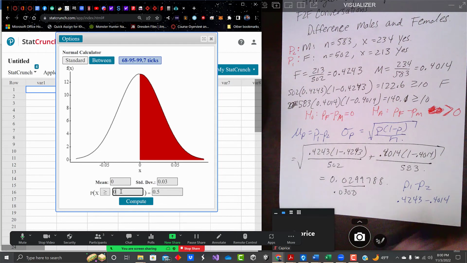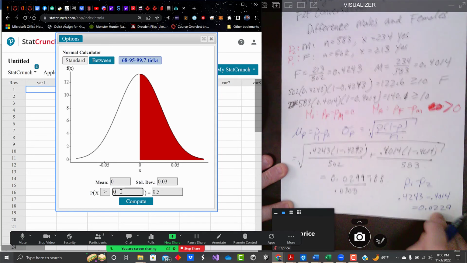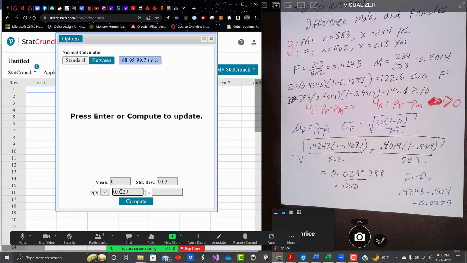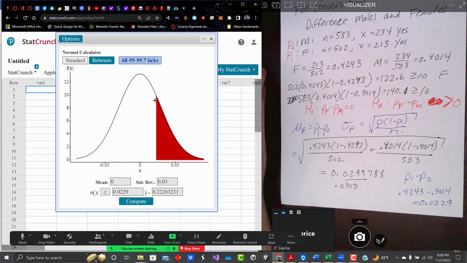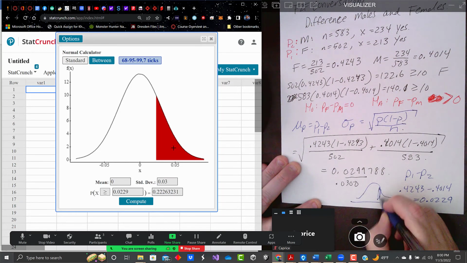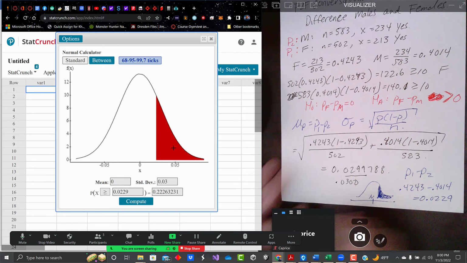I'm getting 0.0229. So that one goes right here. I can see it's on the right side of the picture, in the middle but to the right of it. So that's what I'm looking for.